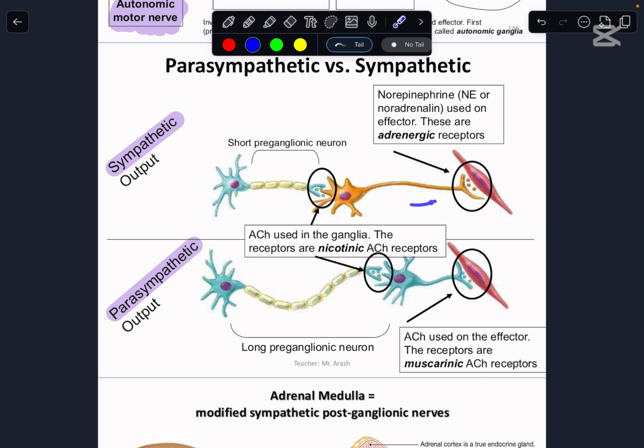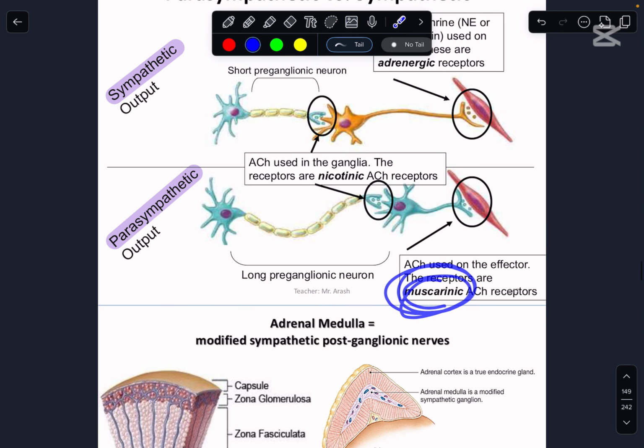Number one, the postganglion in the sympathetic branch releases norepinephrine, epinephrine, and the effector organ would have adrenergic receptors because of those neurotransmitters. Down here, the postganglion releases acetylcholine, but the receptors on the effector organ, this muscle here for example, are not nicotinic. They're actually muscarinic cholinergic receptors.